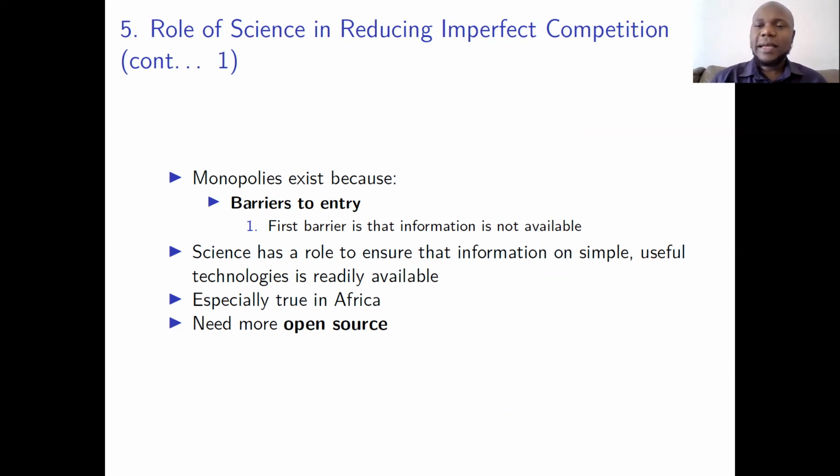But by ensuring that we make science open source, we get code out there, lab results are publicized, science experiments and research are all made available, it ensures that we've got more people who can be producing goods and services, thereby reducing monopolies and ensuring that we've got adequate supply of essential commodities.